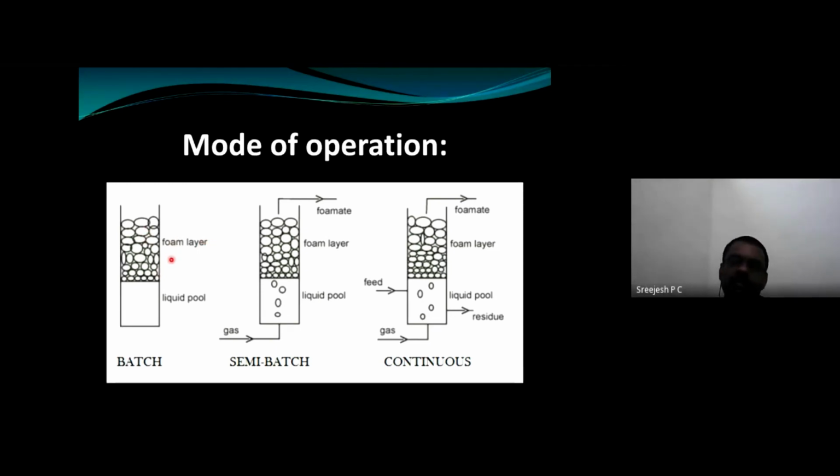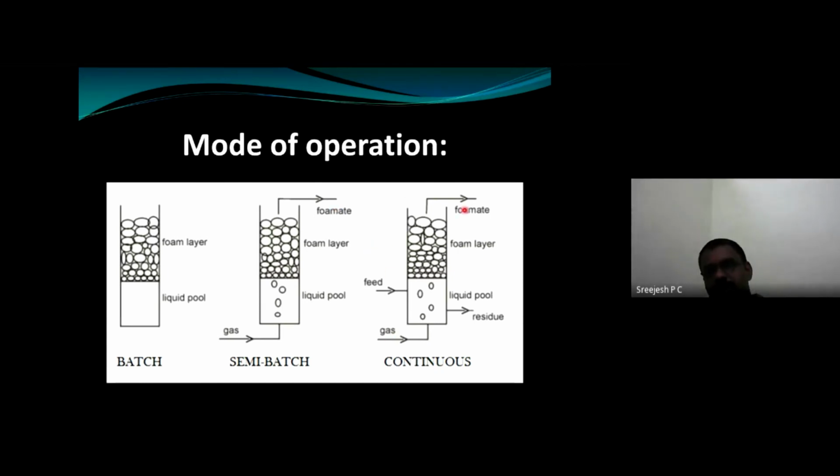Or as a semi-batch operation, where gas is sparged into a specific amount of broth, and the foams are separated as the formate. This foam layer we call the formate. The formate will be collected and ruptured to collect the solid particles.